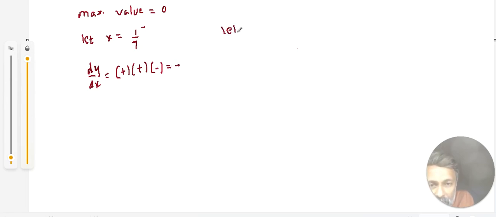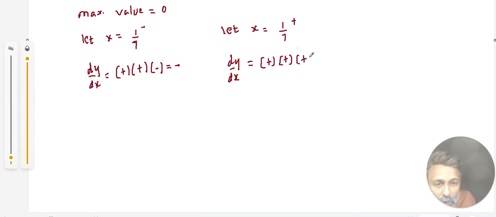At the same time, let x be a little bigger than 1 upon 7. If you take a little bigger value, then dy upon dx becomes equal to, first is positive, second will also be positive, while the third this time will also be positive. 7 times a slightly bigger value than 1 by 7 will yield a positive value in the last part, hence a positive.